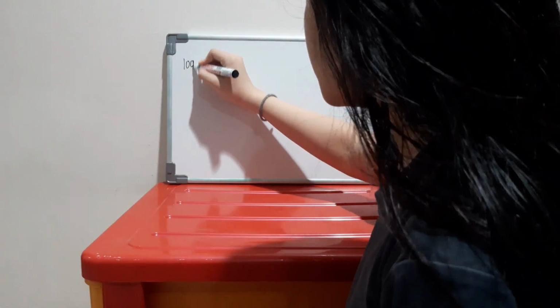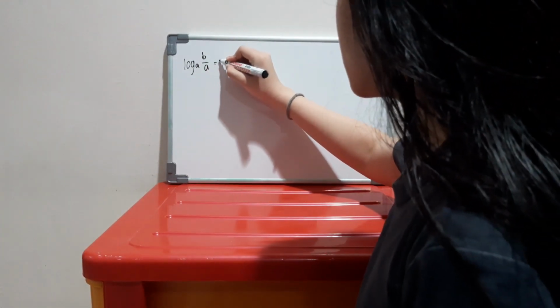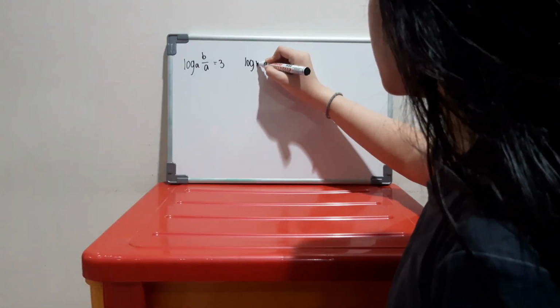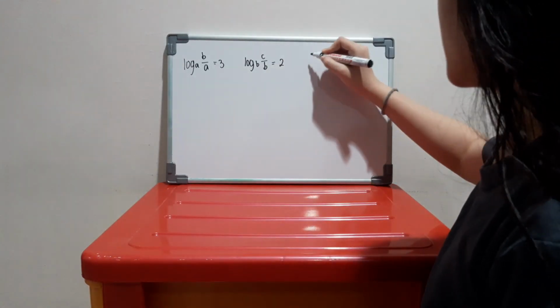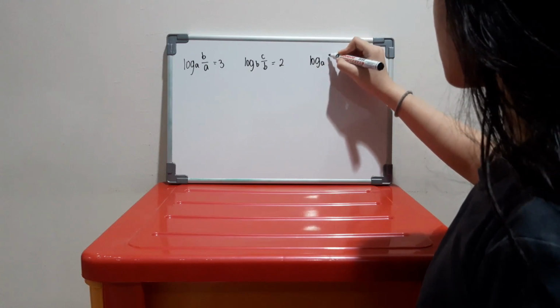We have the information that log base a of b over a is equal to 3, log base b of c over b is equal to 2, and we're trying to find log base a of bc.